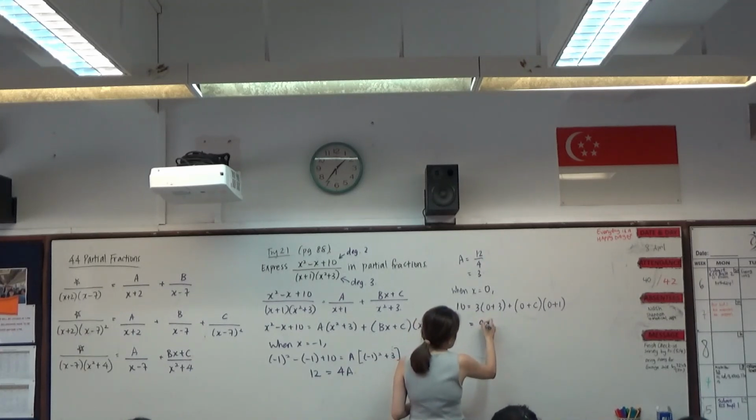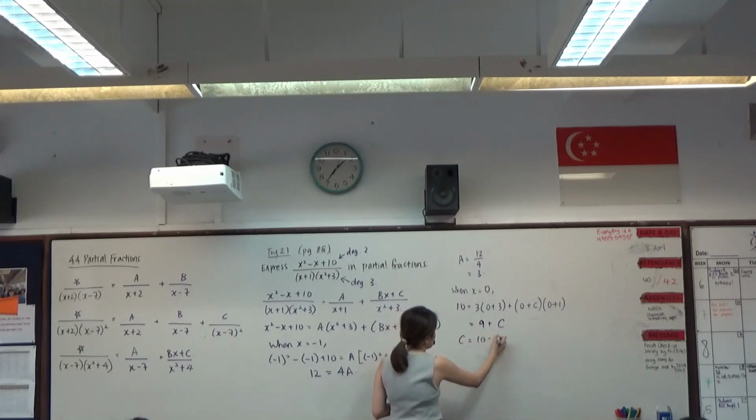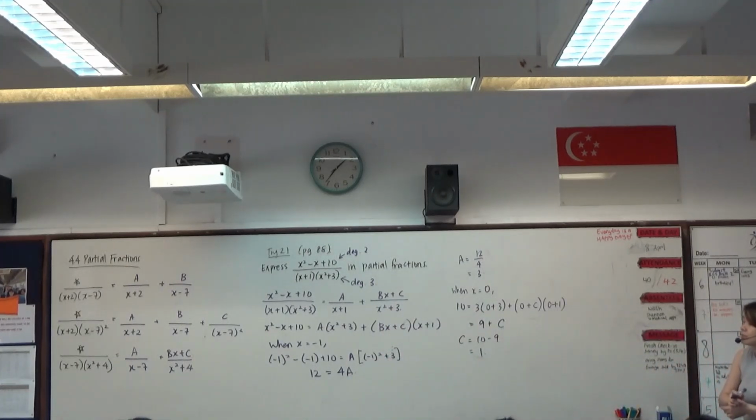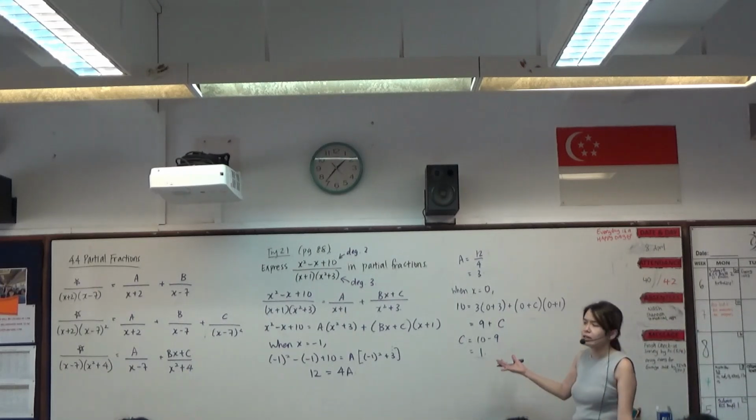So we get our 9 here, and this is C. So C is equal to 1. So we got A, we got C, how to find B? For B, you just let x equal to 1, that's possible. Otherwise, any other number is also fine.